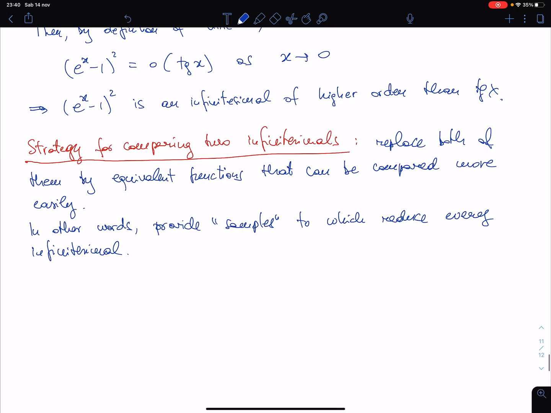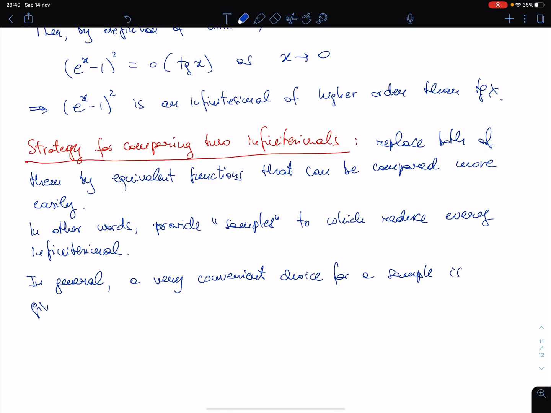So, in general, a very convenient choice for a sample is given by pure powers.